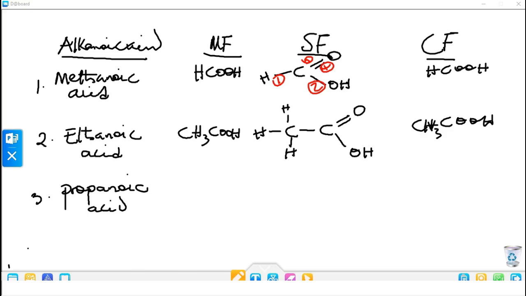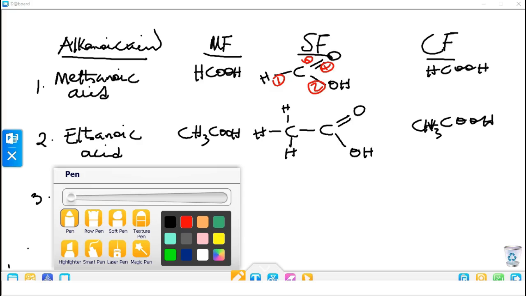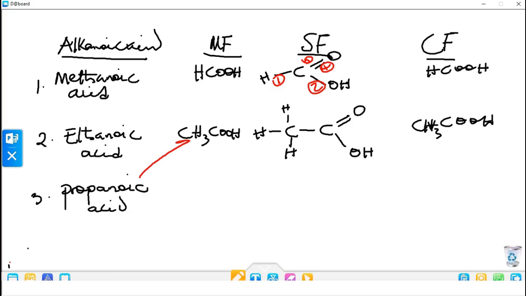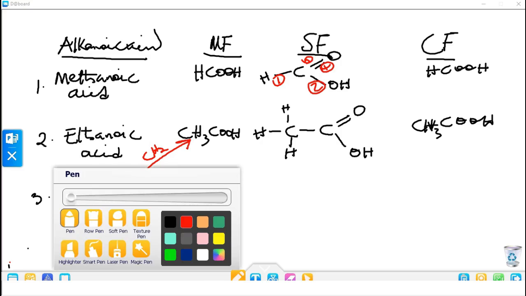If you recall, dear students, that we have said the addition of CH2 to this will give us the next compound, because each member in a given family differs from the next by a CH2.